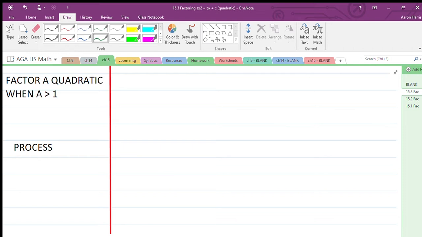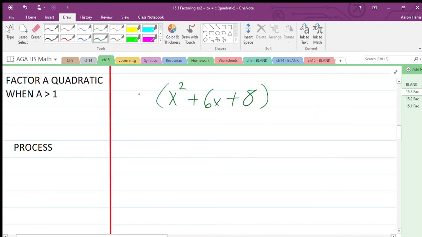The last one I showed you was x squared plus 6x plus 8. Now, I'm going to show you ahead of time what I'm going to do. I'm going to multiply everything by 2. Okay? So my new problem gets what? 2x squared plus 12x plus 16.